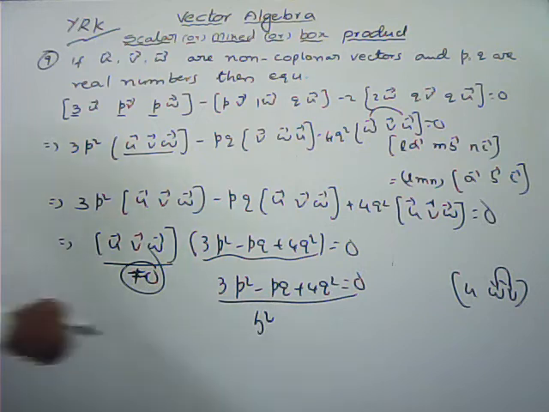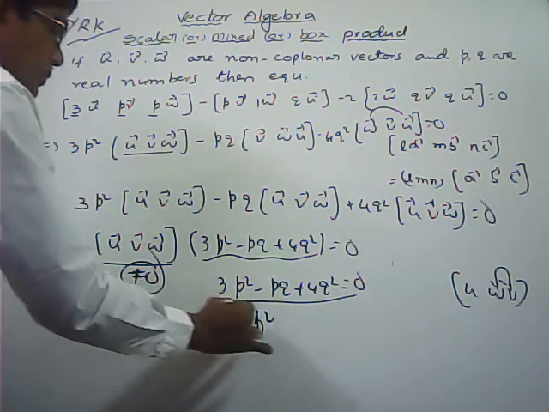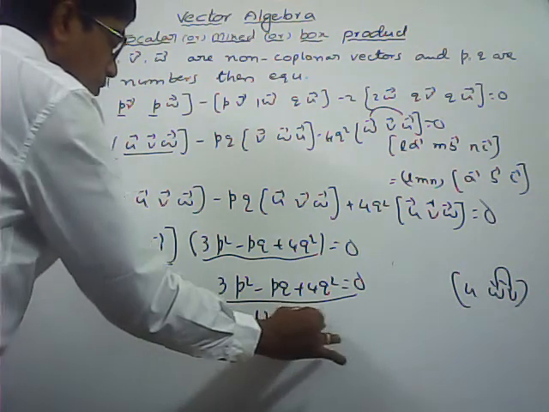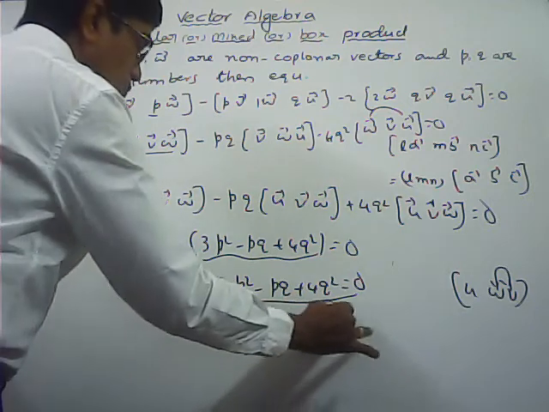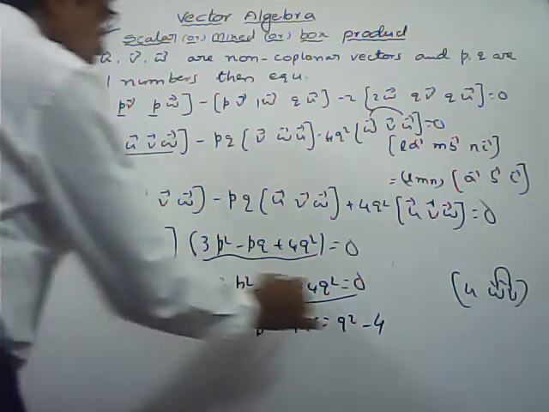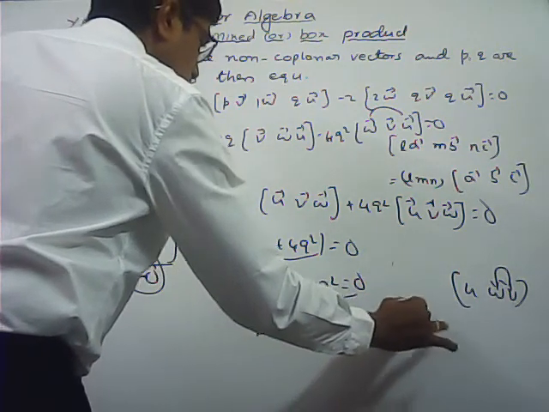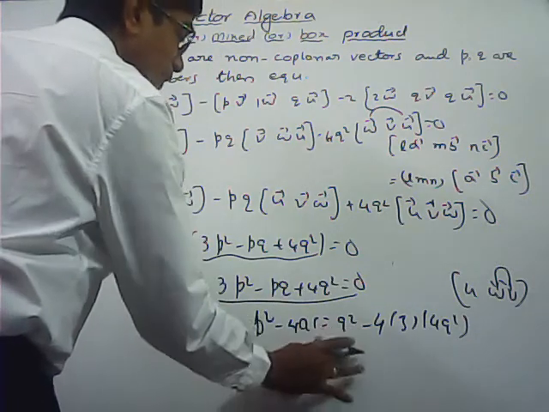If I take this as the quadratic equation in terms of p, then b square minus 4ac: b square is q square, minus 4 into AC. AC means 3 into 4q square, that is equal to, here we are getting negative value.